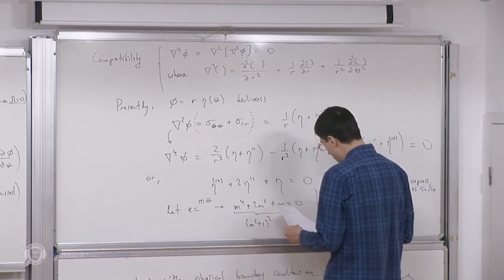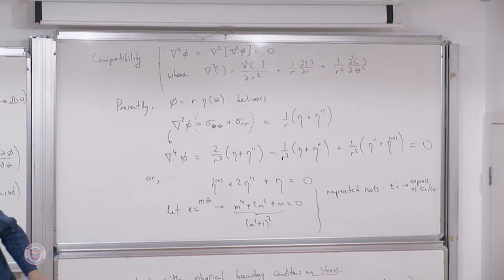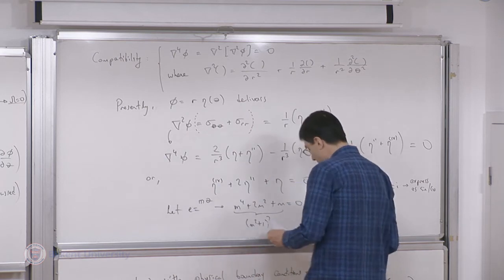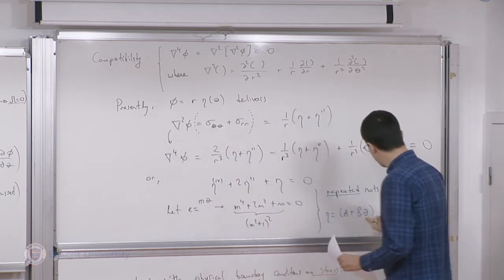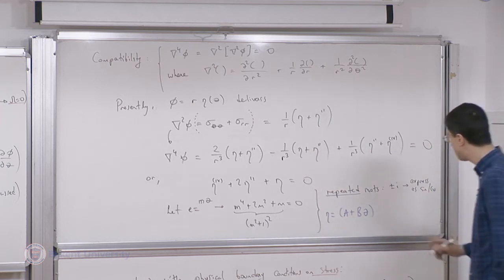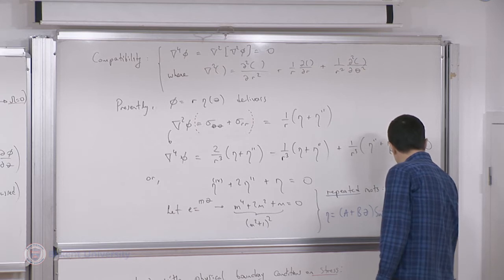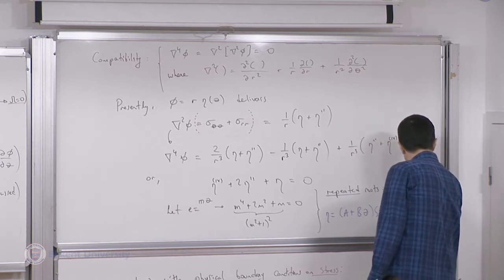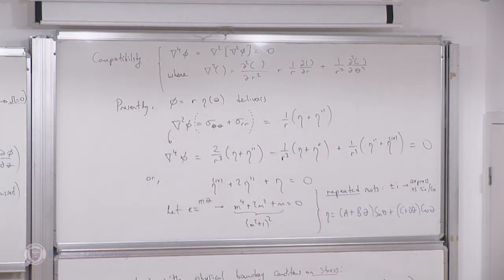So in other words, I'm going to propose that the solution is of the form: eta is equal to, let me pick the constants to be A and B, repetition, so I'm going to throw in a theta in there, (A plus B theta) sine theta, plus (C plus D theta) cosine theta. Okay. So that is the form of the function eta.